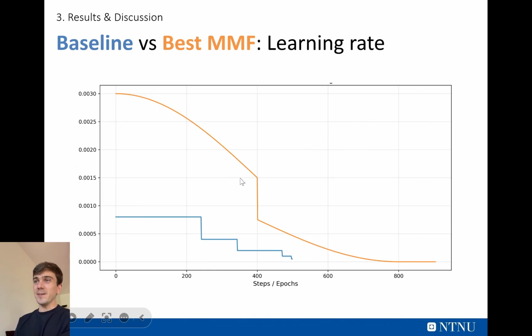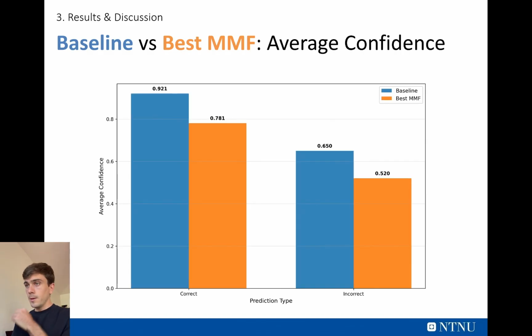And in the baseline, instead of using cosine, it's using a learning rate scheduler on plateau, which keeps the learning rate constant, flat, and when the validation accuracy stops improving, it reduces the learning rate, and then keeps it constant until the validation accuracy doesn't improve, and then it goes on reducing it, and so on.